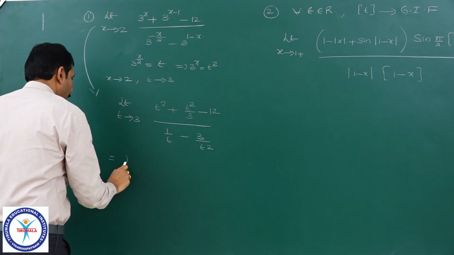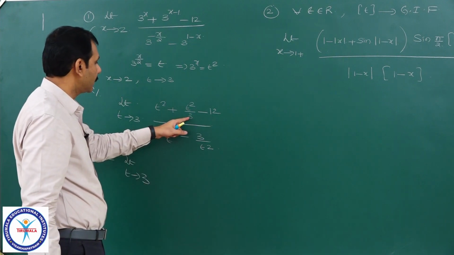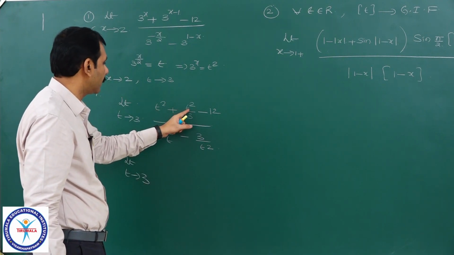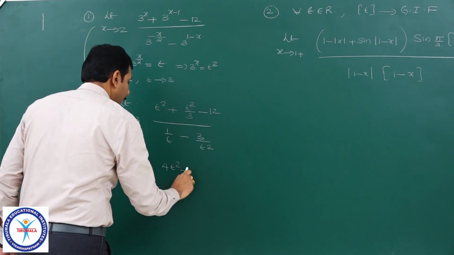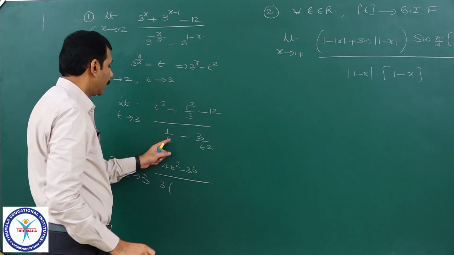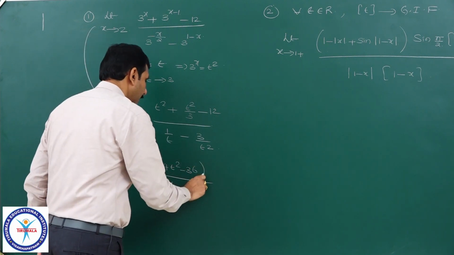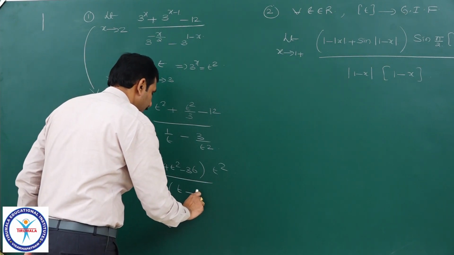Now, it is equal to limit t tends to 3, numerator LCM 3, 3t square plus t square, 4t square minus 12, 3 is 36, by 3 into the denominator LCM t square. That t square comes to the numerator, and the denominator is t minus 3.